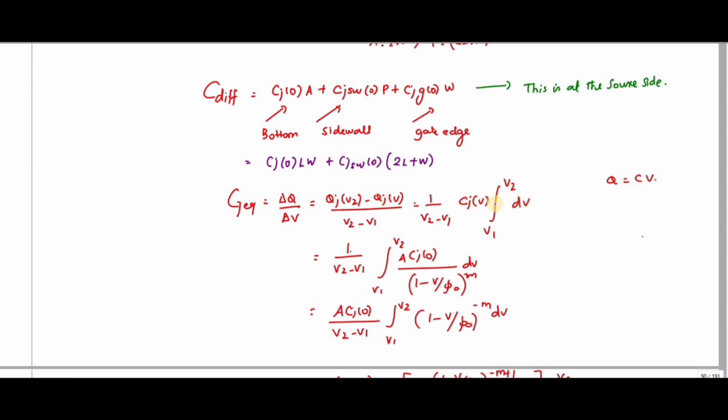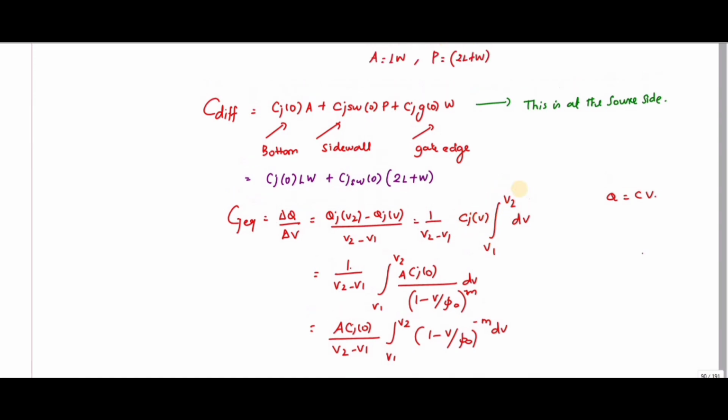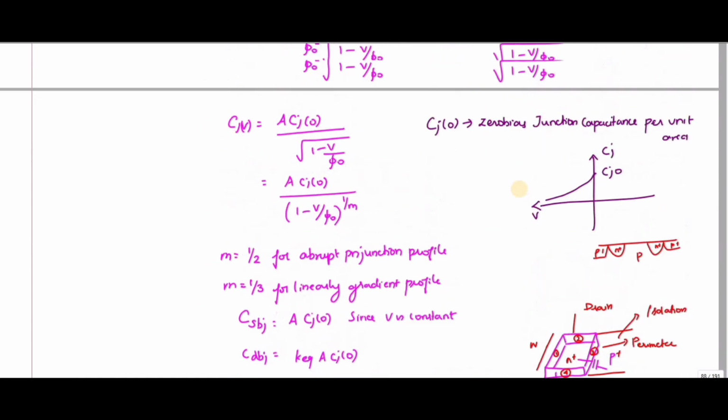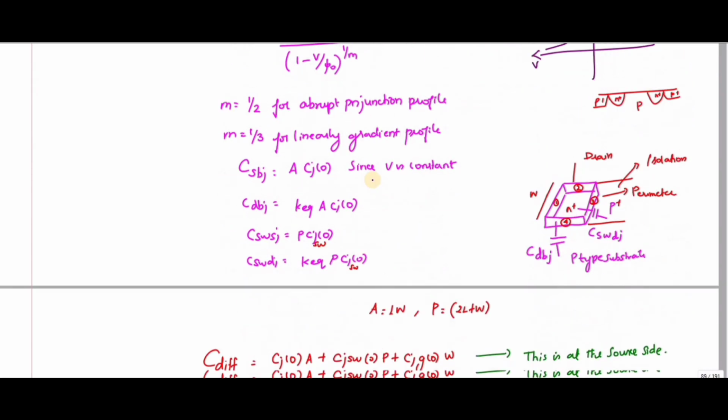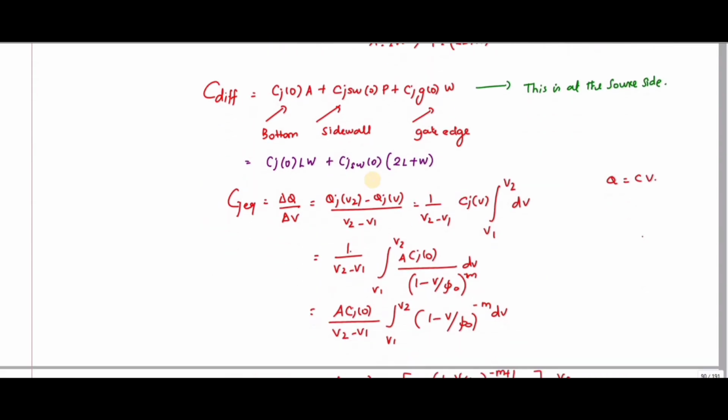Here Cj(V) is A Cj of 0 divided by (1 minus V divided by phi naught) to the power 1 by m, so you substitute that value.